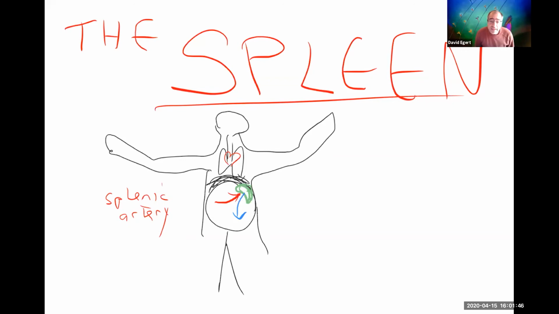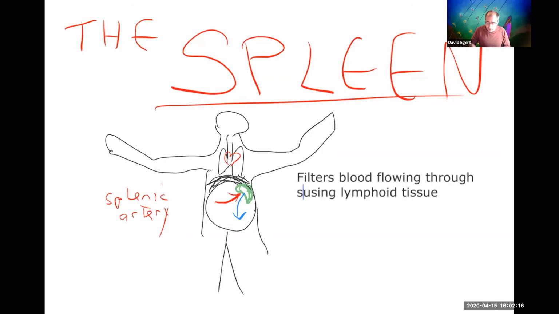The spleen you can think of a lot like a lymph node, except instead of filtering lymph, it's filtering the blood. I should say it filters blood flowing through sinusoidal capillaries.